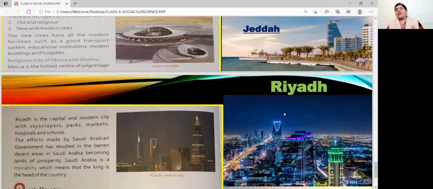And they have changed the barren land areas into lands of prosperity because they have a lot of money from the oil refineries which they are having in their country. But still, a barren land converted into a land of prosperity is a very big effort by the Saudi Arabian government.